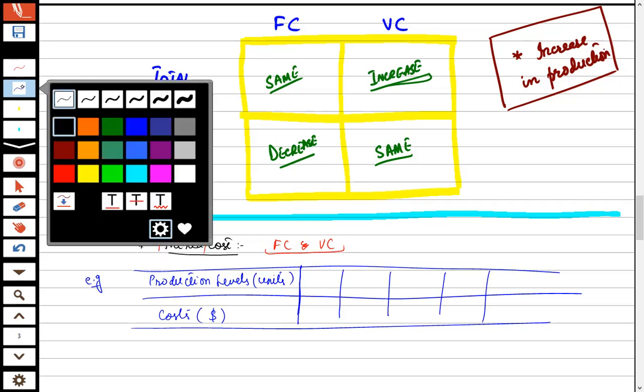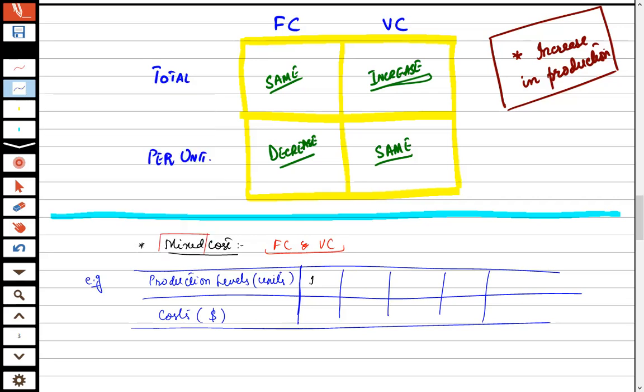Okay, we have production levels of 10 units, 30 units, 60 units, 70 units, and 90 units. And their associated costs are $20,000, $50,000, $80,000, $95,000, and $110,000.